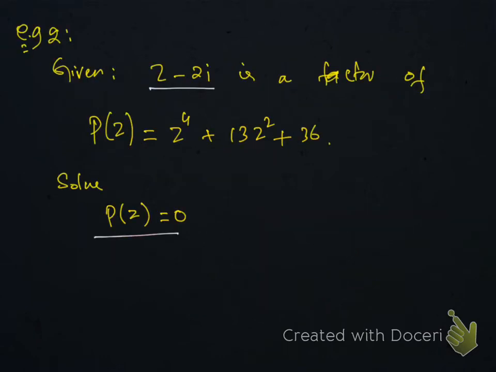Question number 2. Given that z minus 2i is a factor of the polynomial, hence solve p of z equal to 0. That's the question. We have to solve p of z equal to 0.